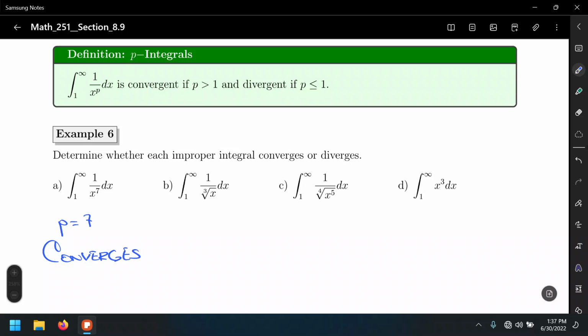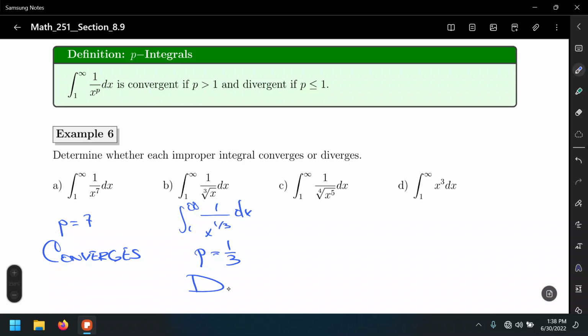Let's look at the next integral. We need to rewrite it first: from 1 to infinity, that's x to the 1/3 in the denominator. Let's observe the value of p. In this case, it equals 1/3. Using the definition, will that integral converge or diverge?